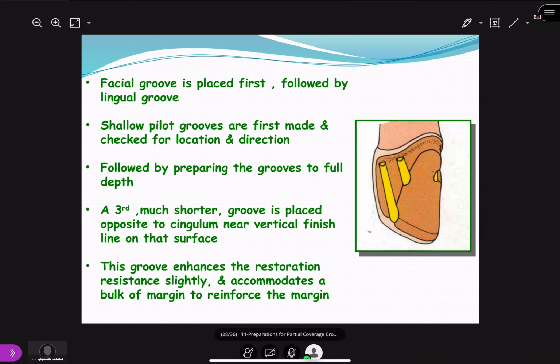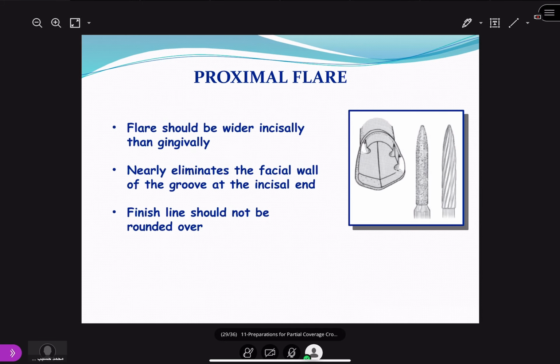Shallow pilot grooves are first made and checked for location and direction, followed by preparing the grooves to full depth. The third, much shorter groove is placed opposite to the cingulum. This groove enhances the restoration's resistance and retention, accommodates the bulk of the margin, and reinforces the margin.